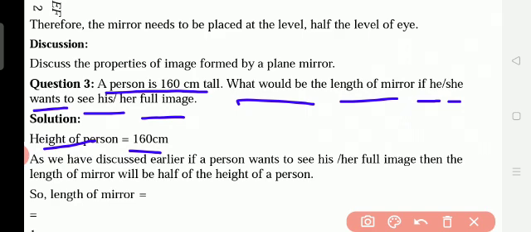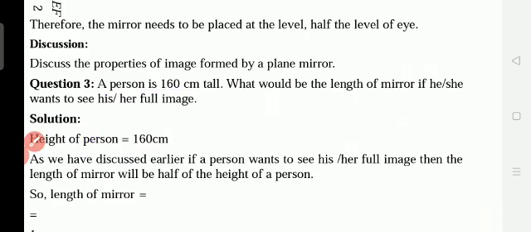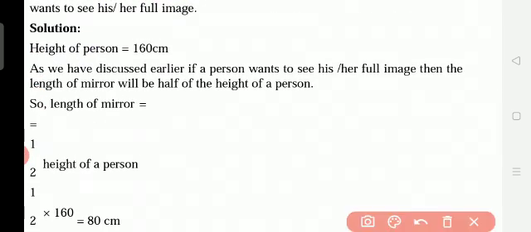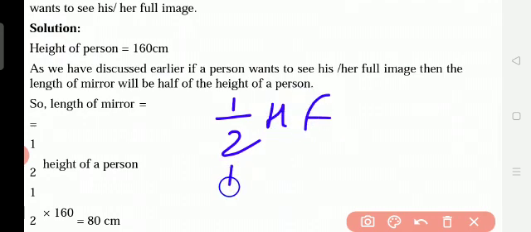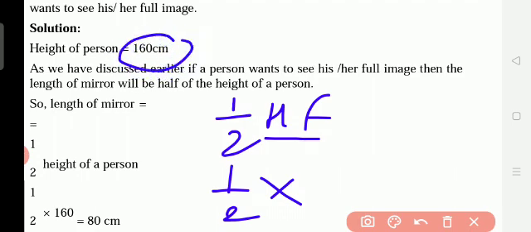So to see this person's image, how much mirror do we want? We will use the formula 1 by 2 into HF. What is the size of the person? 160 centimeter, head to feet.